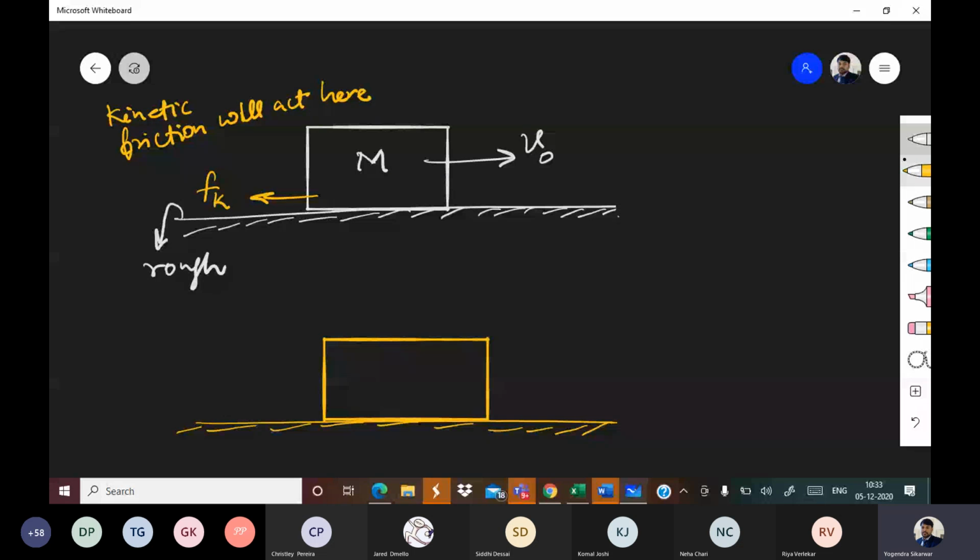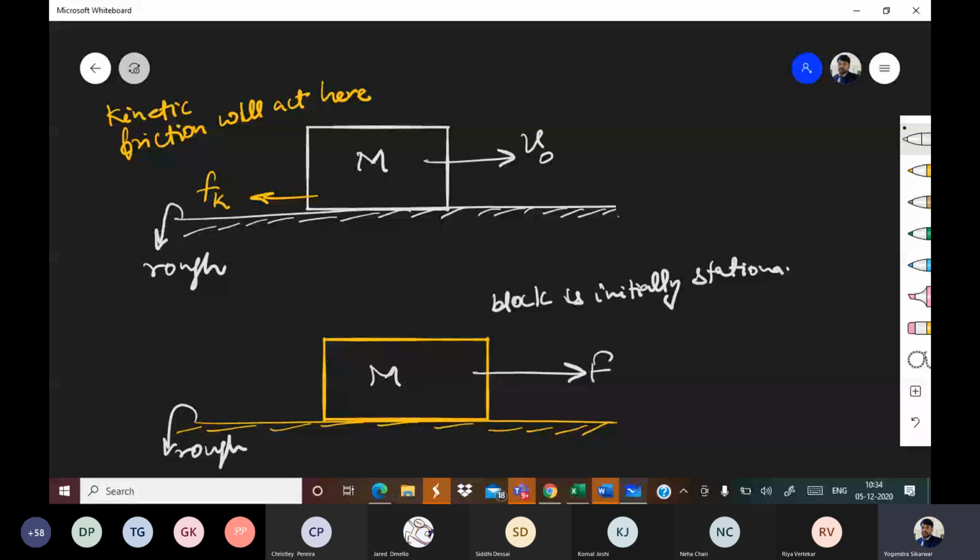Now you are applying some force F, and this is rough, and this is M. Now when force is applied and the block is initially stationary, that means initially there was no movement, and you are exerting force F as shown.